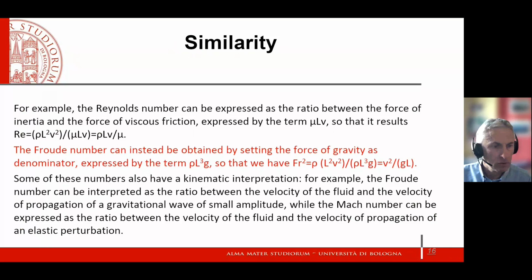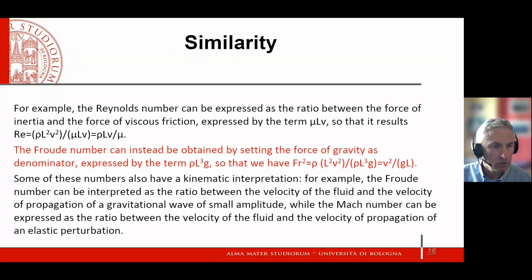At the denominator you have mu L V, and the result is simply rho L V divided by mu, where once again rho is the mass density of the fluid, L is a characteristic length of the fluid flow, V is the velocity of the fluid, and mu is the dynamic viscosity.